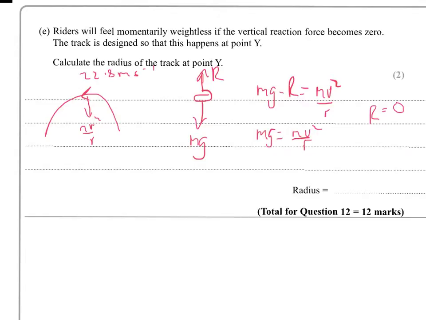So in that case, mg will equal mv squared over r. Cancel the m's, you've got g equals v squared over r. And consequently, r will equal v squared over g. So 22.8 squared divided by 9.81, and that gives us 53 meters.